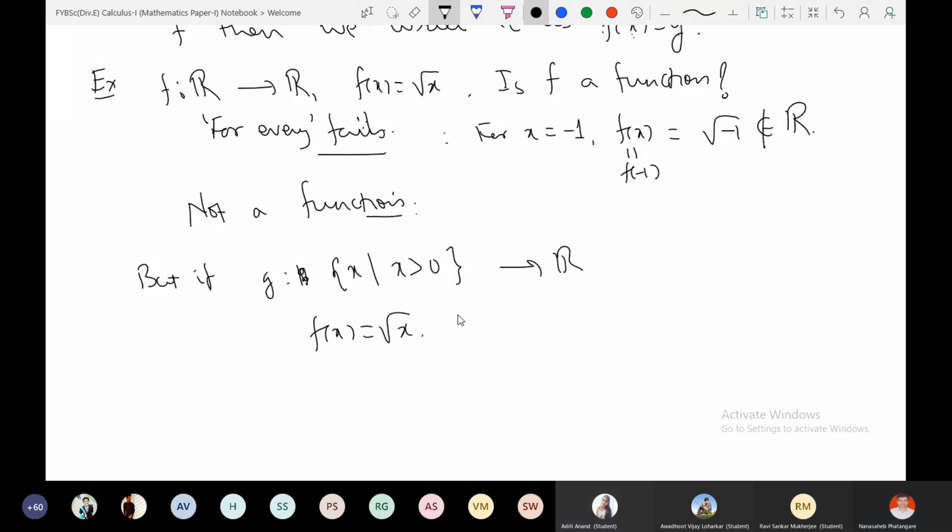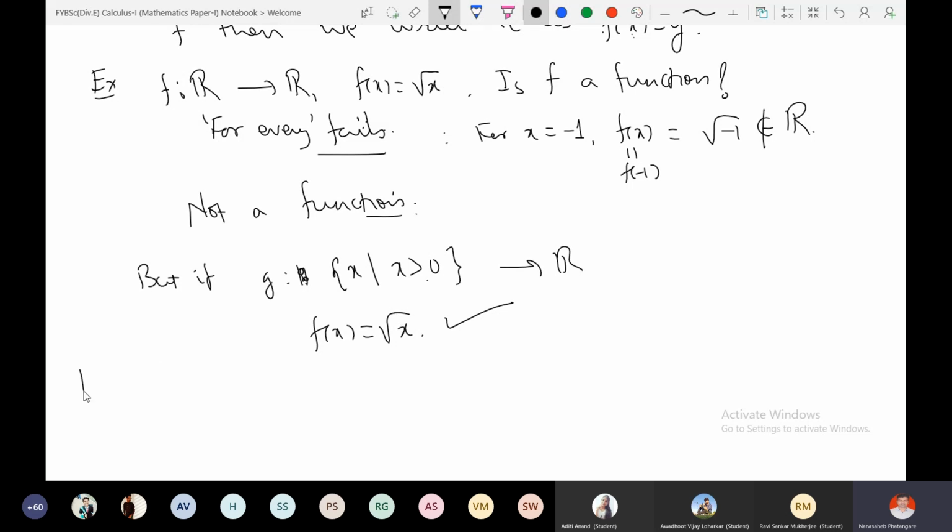Yes, sir. Because you choose any number from positive real numbers, certainly the square root exists, right? So this is a function. Therefore, it depends on your domain and codomain.